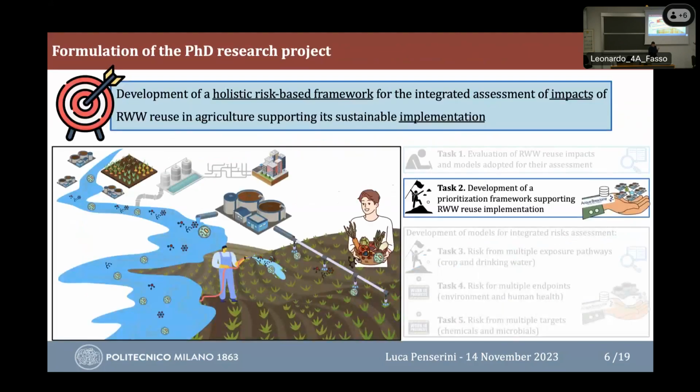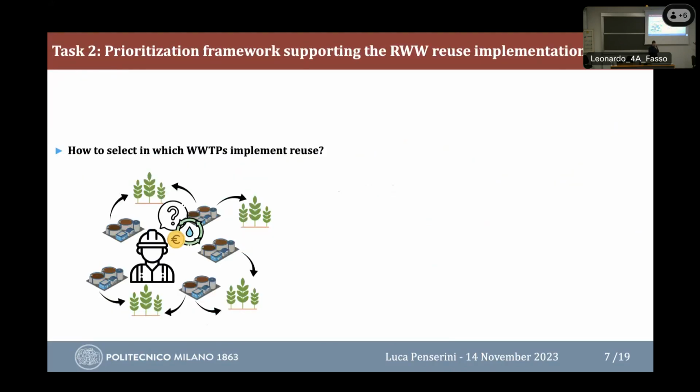So, starting from the first gap, the question is, okay, we have a regulation that tells us we must do reuse, but we don't know how to select where I should do reuse, because typically water utilities manage maybe hundreds of wastewater treatment plants, and they can't implement reuse on all of them, because it's a matter of cost in the end, because you should allocate money and so on.